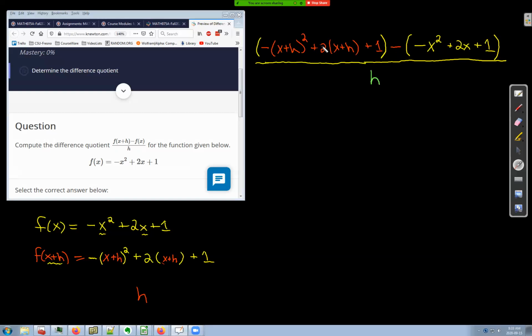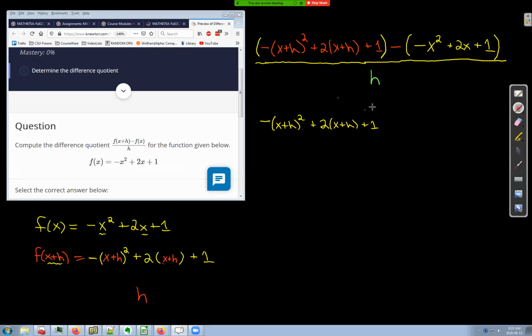So now we've done the hard part, we've set it all up, and now we just have to do the algebra of simplifying. So, let's see what we got here. So we've got negative (x plus h) squared plus 2 times (x plus h) plus 1.